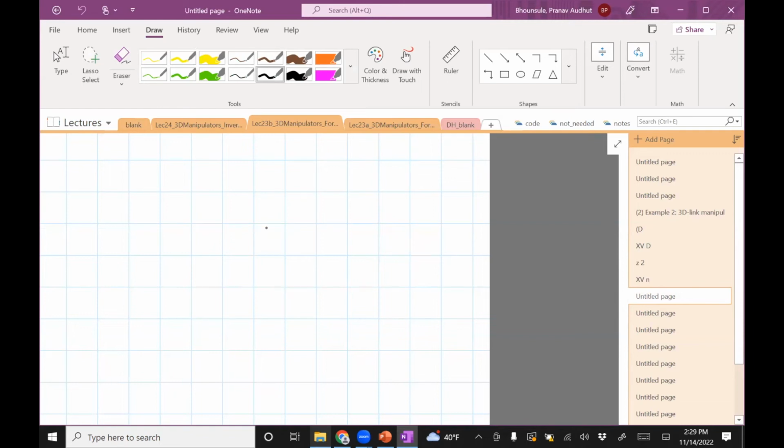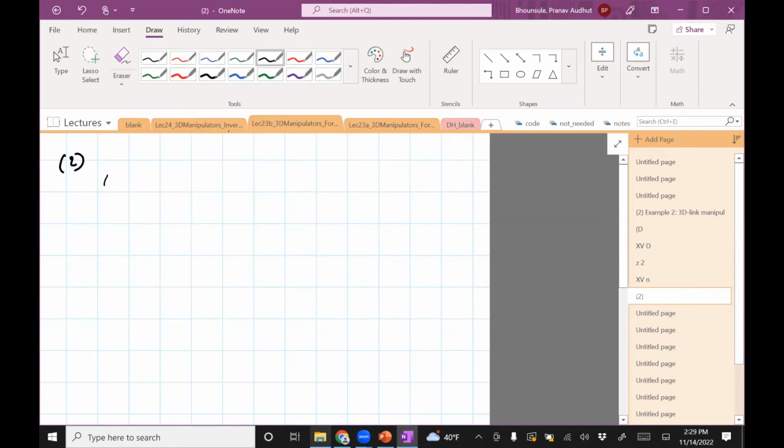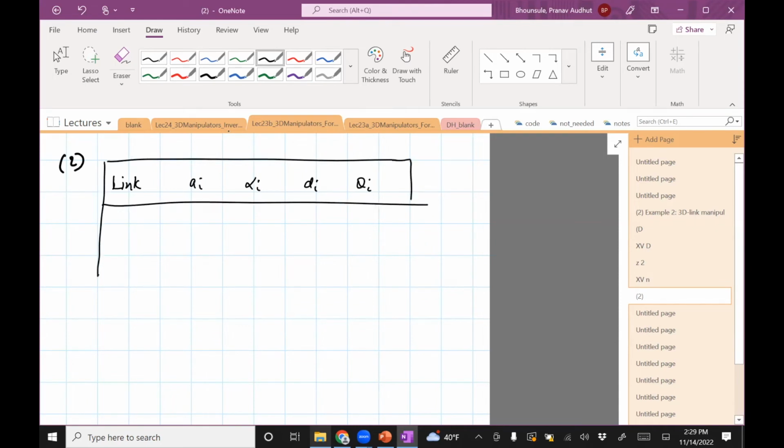Okay, so the DH table is as follows. Link, a_i, alpha_i, d_i, theta_i. We have 1, 2, 3.